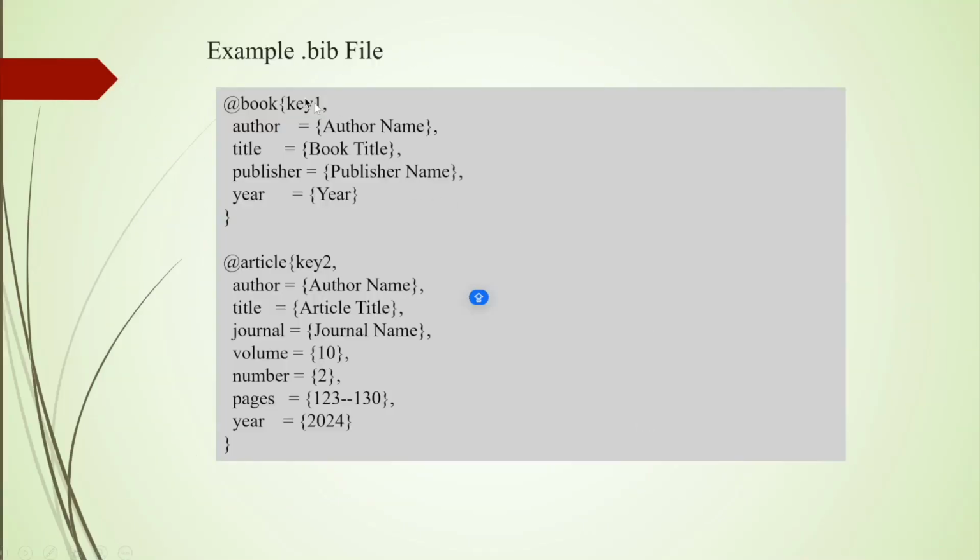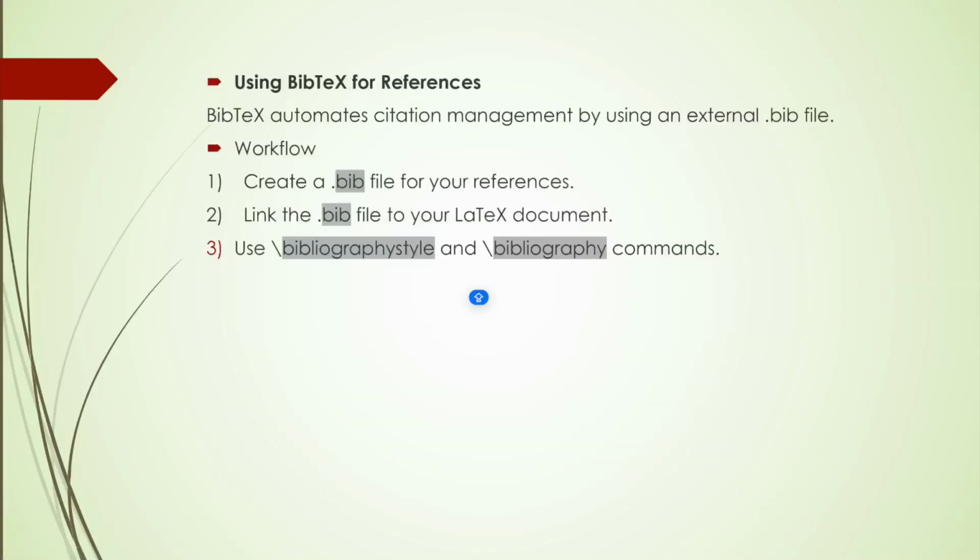We can create a new bib file here, or we can copy this code from other sources. Here this is the other method. If we do not want to create it manually, then we first have to create a bib file and link the bib file to the LaTeX document using the bibliographystyle and bibliography commands.